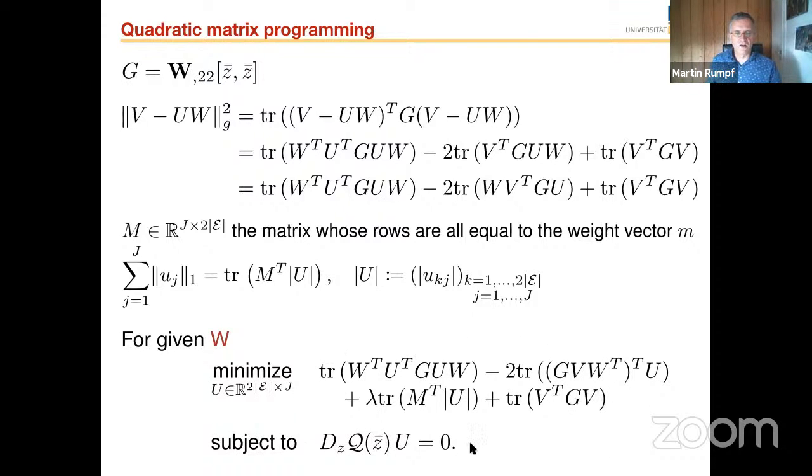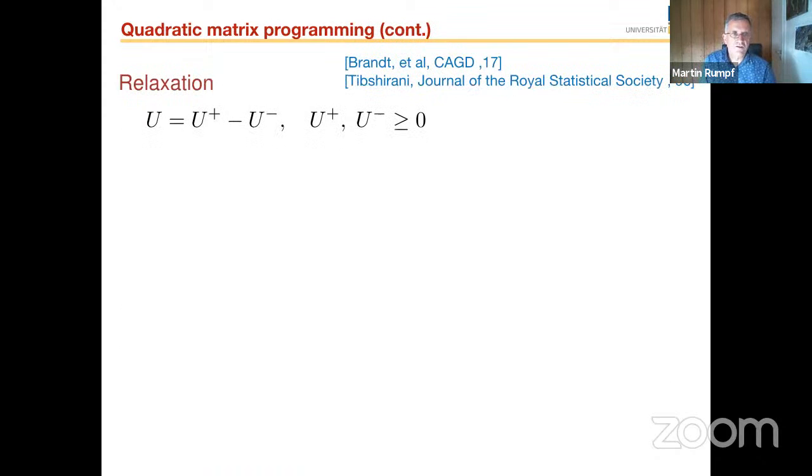Then we are left with this. There is a linear inequality that is the tangent space property. And there is this quadratic part here. And there is this non-quadratic part because of this absolute value here. And now we consider a relaxation. We introduce new variables, u plus and u minus.